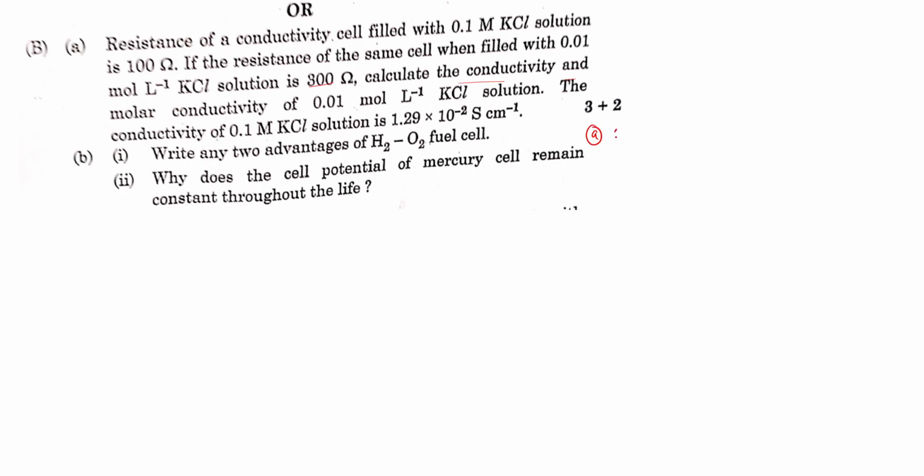For A, I will write cell constant. Cell constant is represented as G star.